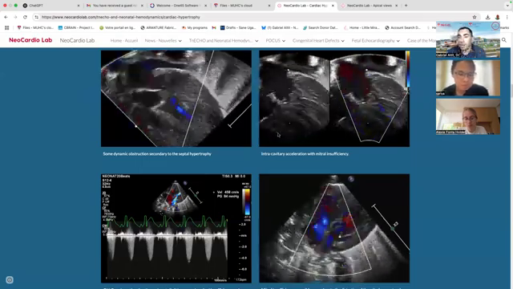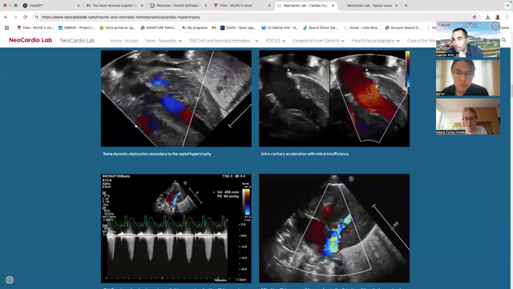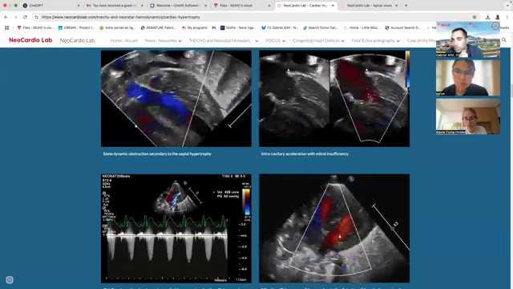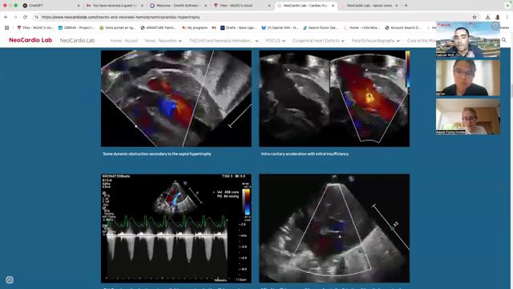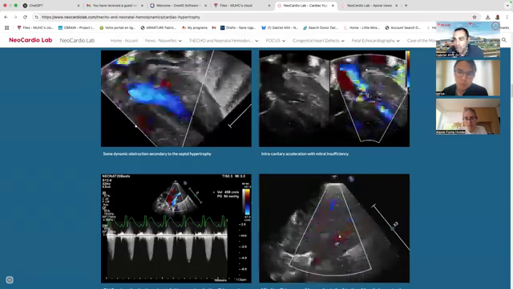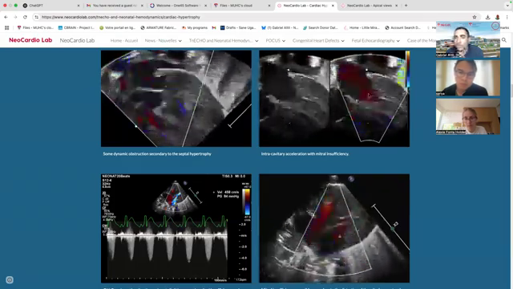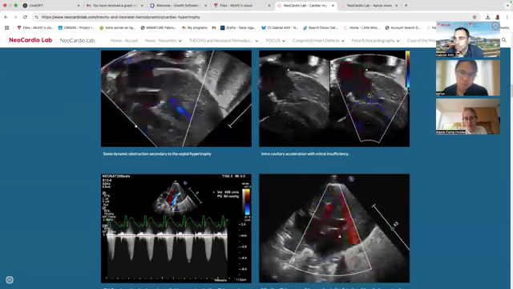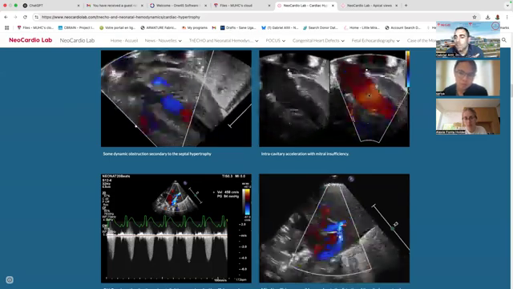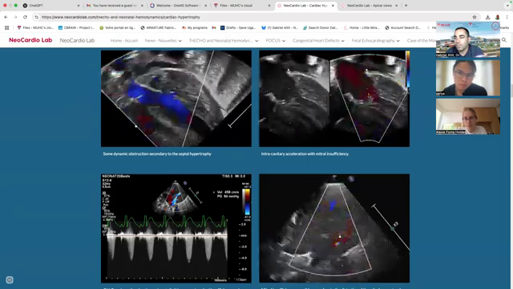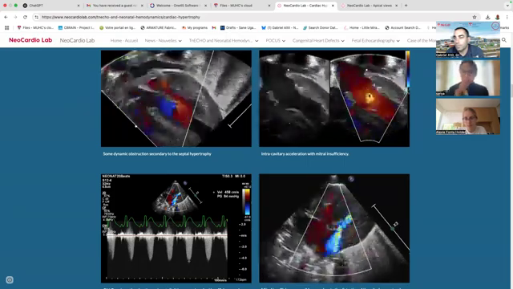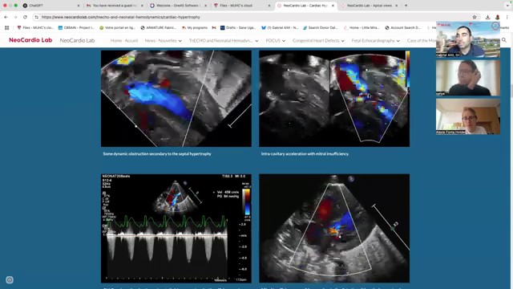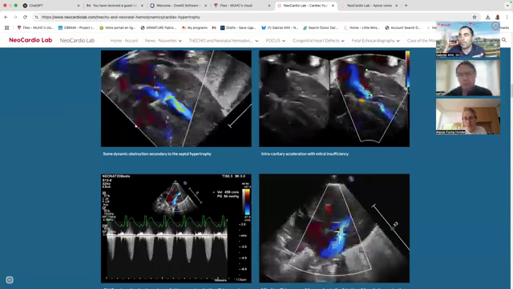Or if you get MR, you can do a CW of the MR, of the mitral insufficiency jet. And let's say you get an MR of 120, but your systolic blood pressure is 50. Well, you know that your LV was able to generate a systolic blood pressure of 50, but your MR is 150.